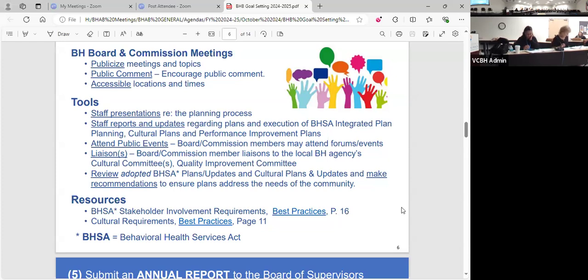And then review the adopted. So we put in italics adopted Behavioral Health Services Act plans and updates. The adopted plan is the one that you should be looking at, not the draft plan. So when the county has put together the draft plan, and then they say, okay, we have a 30-day public comment period, and then at your board meeting, you're gonna have that public hearing on the Behavioral Health Services Act integrated plan.